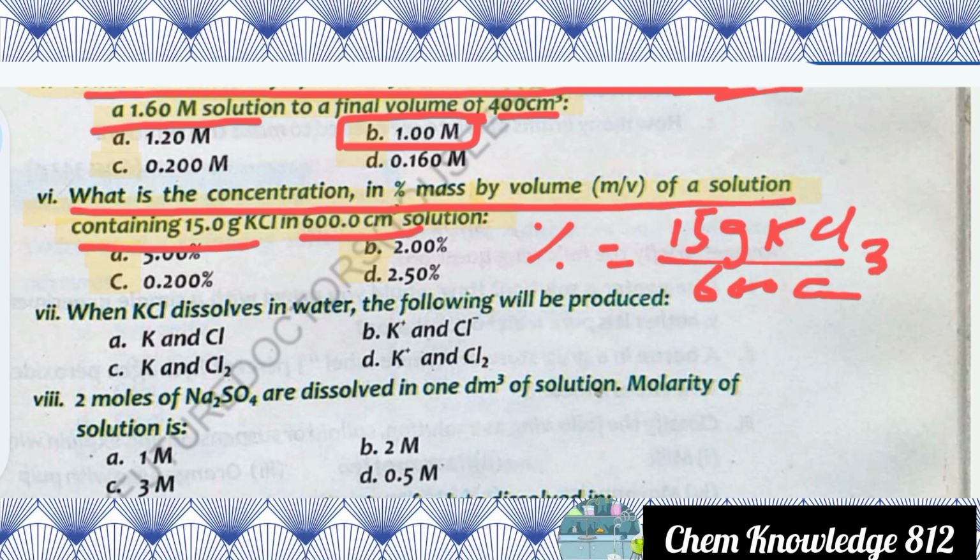So by dividing 15 with 600 and multiplying by 100, we'll get 2.5%. So the correct answer is 2.50%.